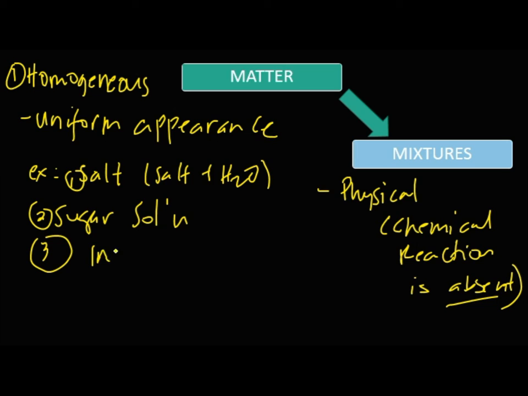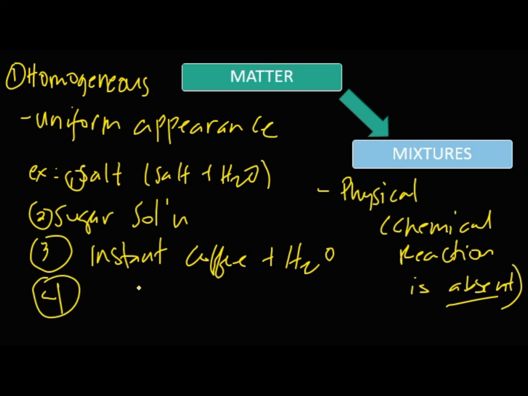The third one is instant coffee plus water again. And then the fourth one is alloys. These are solid homogeneous mixtures. It can be steel, which is made up of iron and a small amount of carbon. When carbon and iron mix together, you cannot identify which is the carbon and which is the iron in the whole. Or brass.